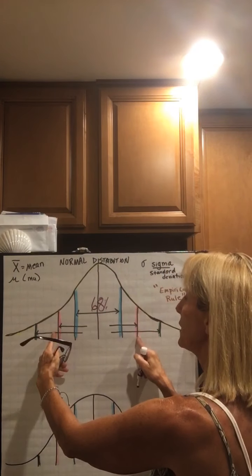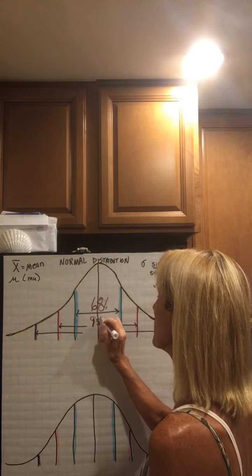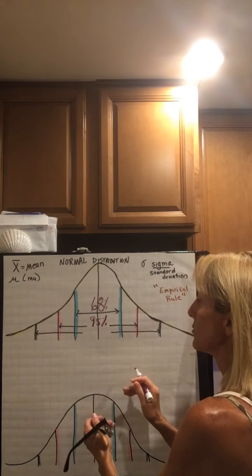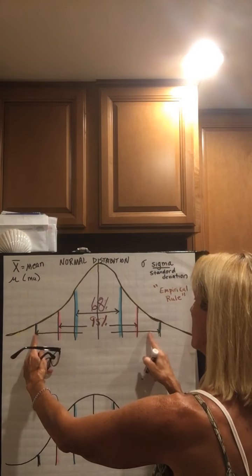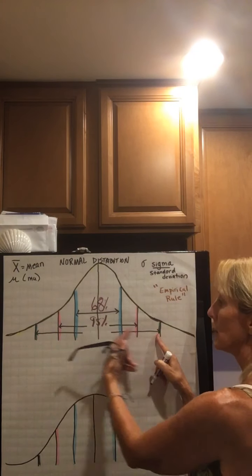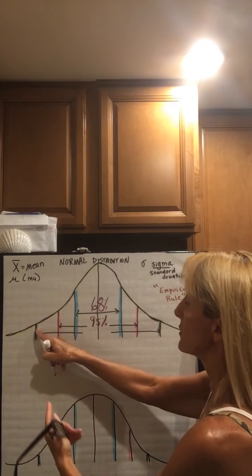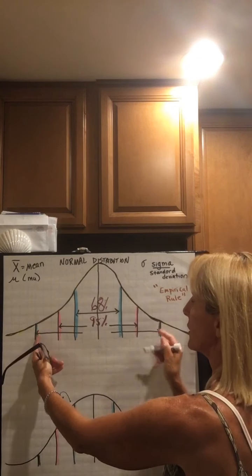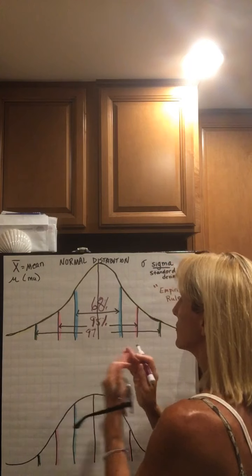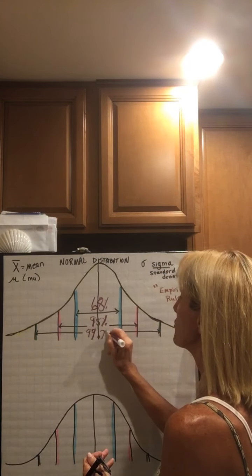From the 2 pink lines, from here to here, this would be 95%. And then if we fall in between the green lines of our data, from here to here, underneath the curve, if our test scores fall anywhere in between here and here, this would be 99.7, sorry, percent of our data.